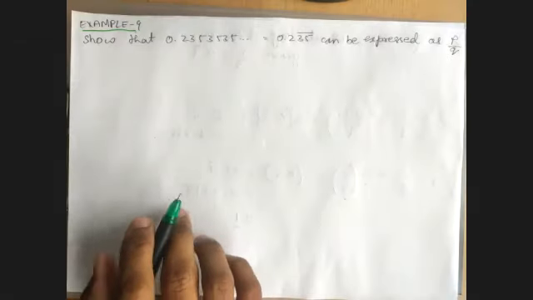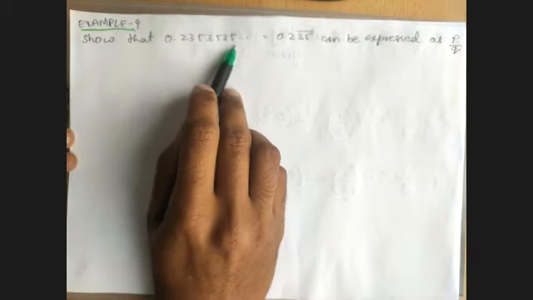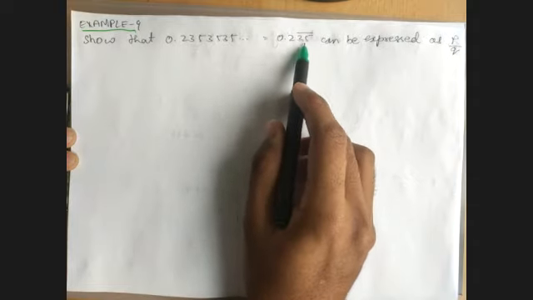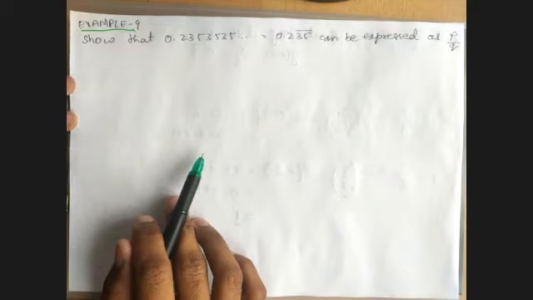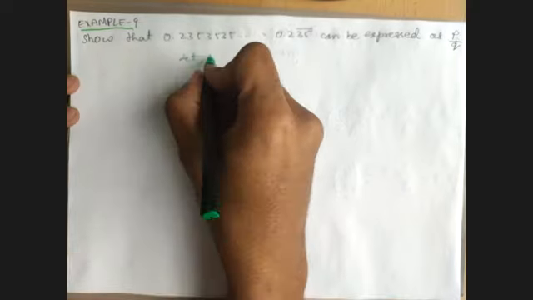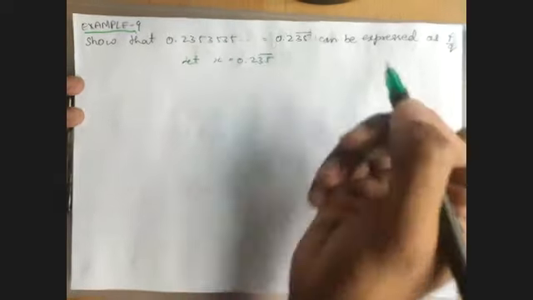So now let us look at another example. Show that 0.2353535, that is 0.235 recurring, can be expressed in the form of P by Q. So how do we do this? Again, as usual, let x is equal to 0.235 recurring.